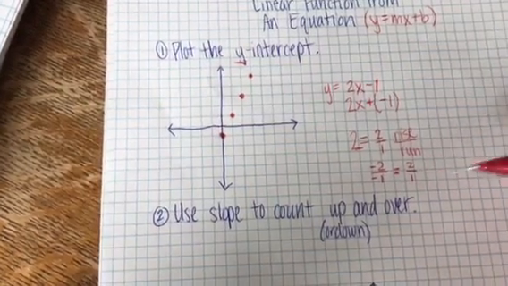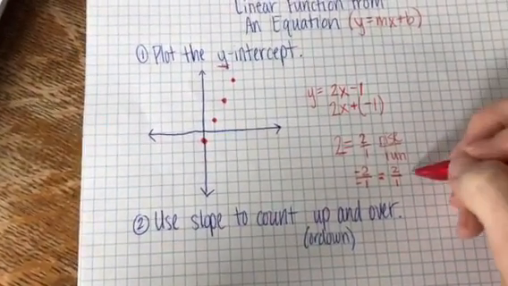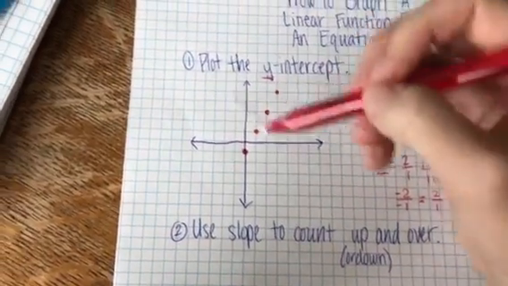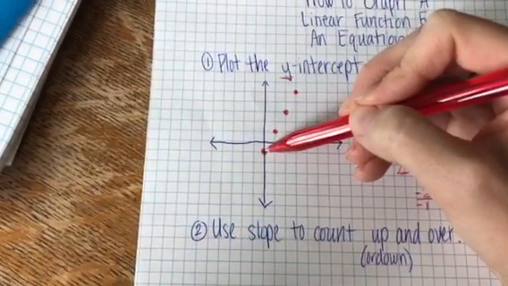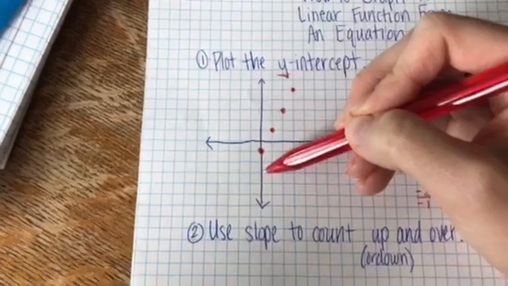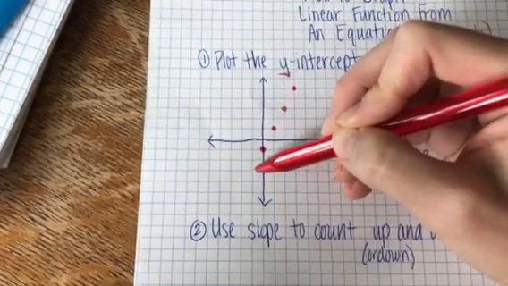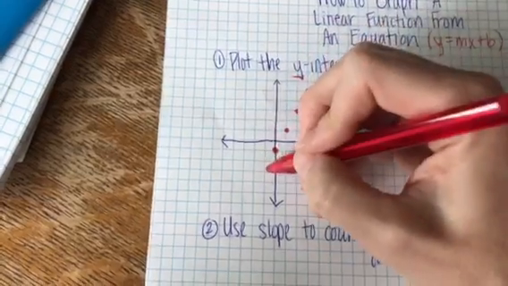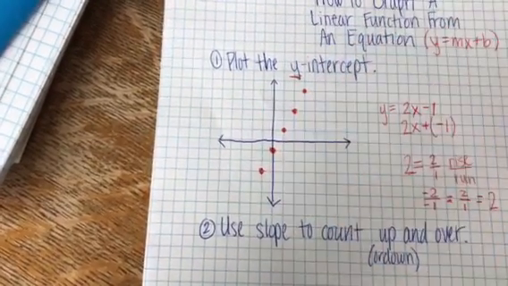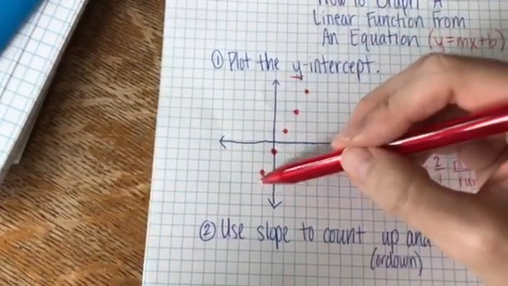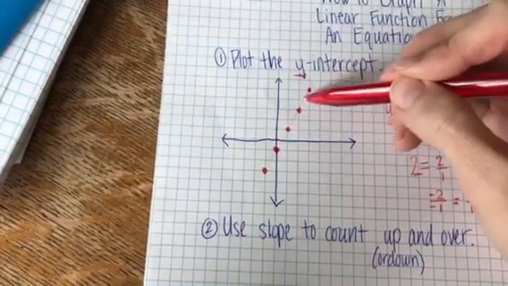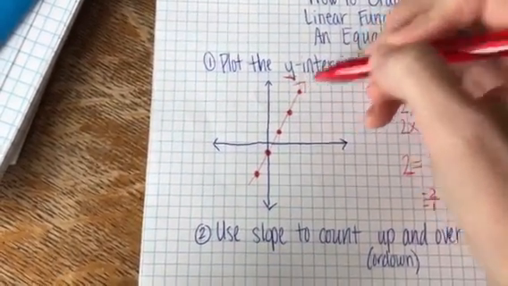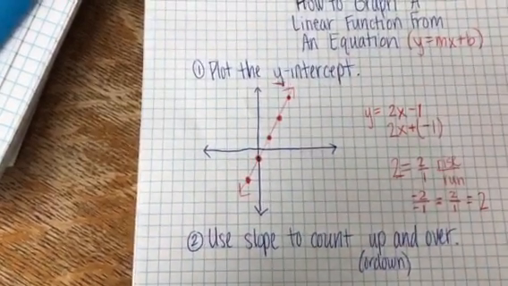So negative 2 over negative 1 equals 2 over 1, or positive 2. So if I had to, I could have gone down 2 for my negative 2 and over 1 to the left. That's a negative direction for my negative 1. And I would have put a point there. And as you can see, my line still would go right through these points. So I'm still keeping the positive slope to my line.